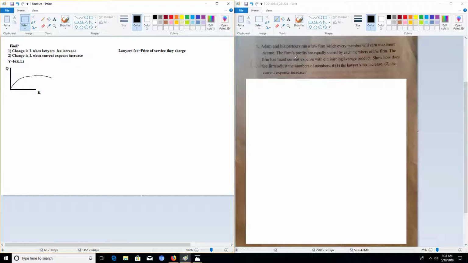You might be wondering, what's the point of mentioning that diminishing part? Well, it's not really that important, because it's assumed that all factors of production have diminishing returns. But it's just to establish that it's a regular production function.